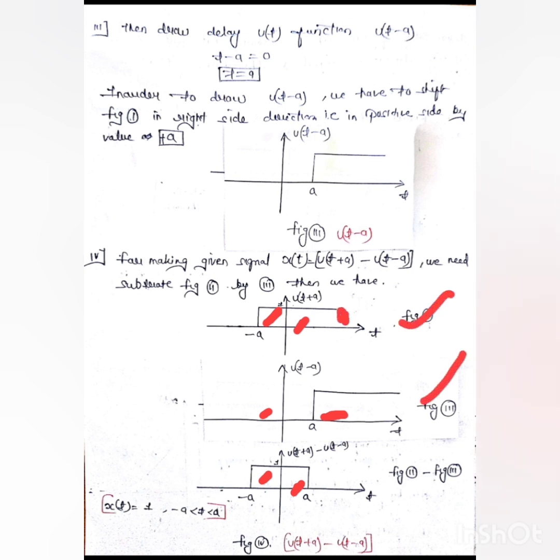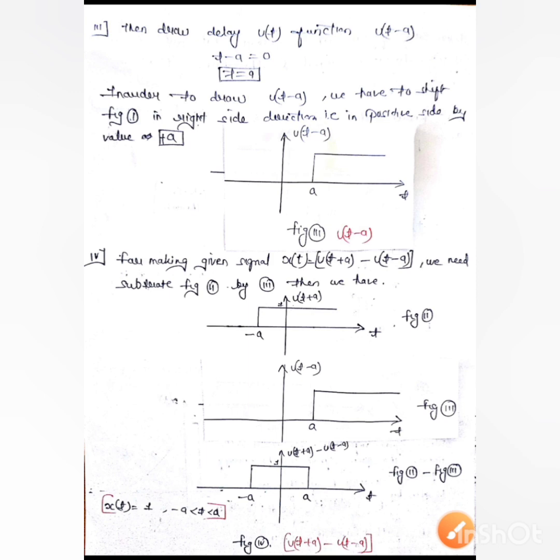That means here we have value 1. 1 minus 1, we get 0 here. So in this way we can get this expression, we can get this figure. So this is the u(t+a) minus u(t-a) expression, the figure of this expression.